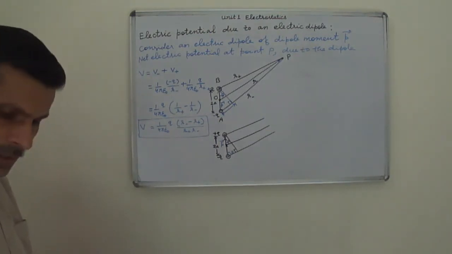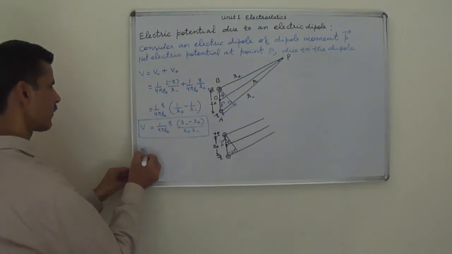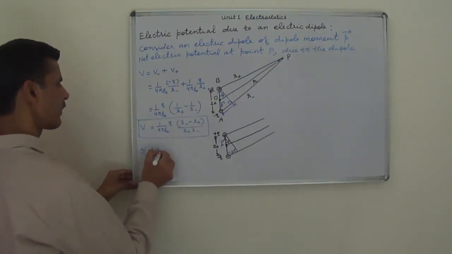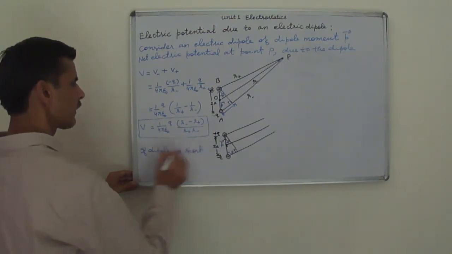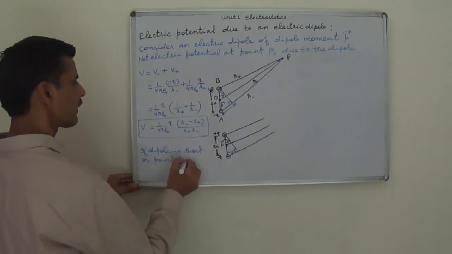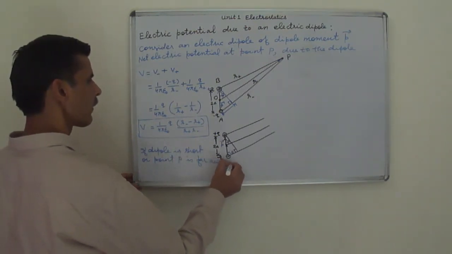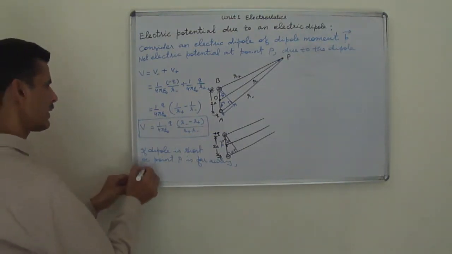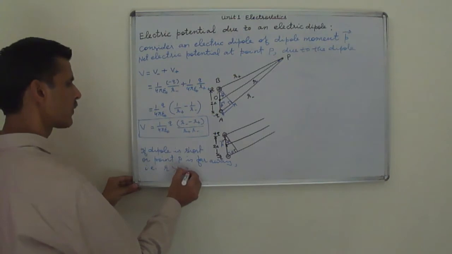So here we are considering approximation. If dipole is short or point P is far away, that is R is much greater than 2a.